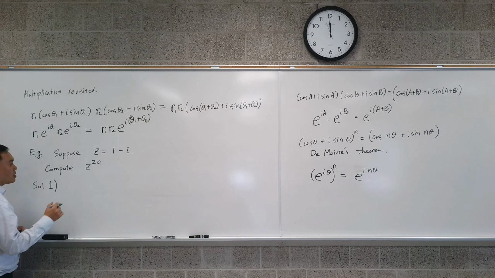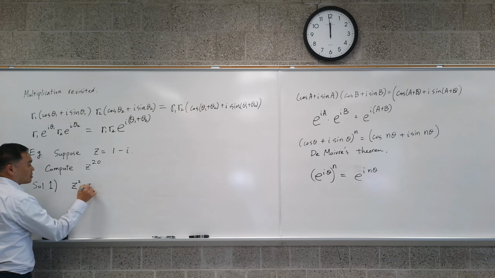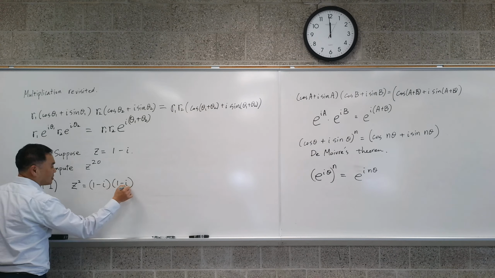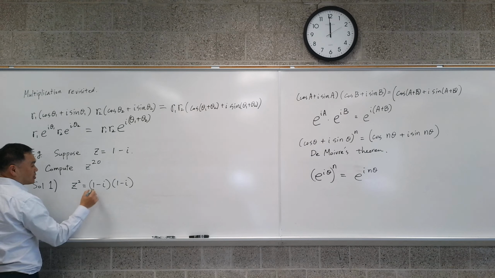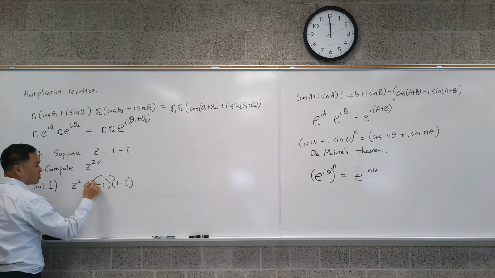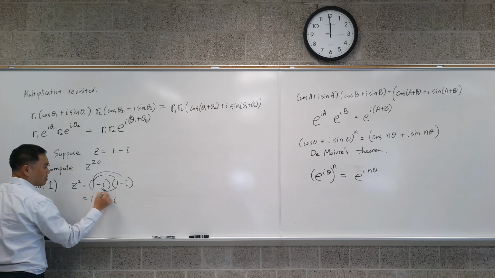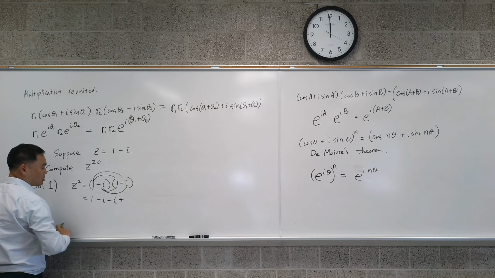Let's start with z squared. That's (1 minus i) times (1 minus i), which is 1 times 1 is 1, 1 times negative i, negative i times 1, and negative i times negative i, which is actually minus 1.